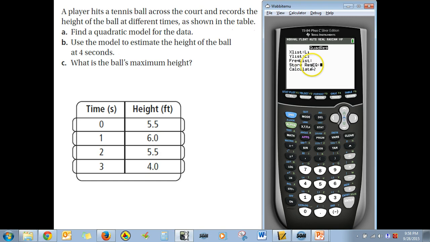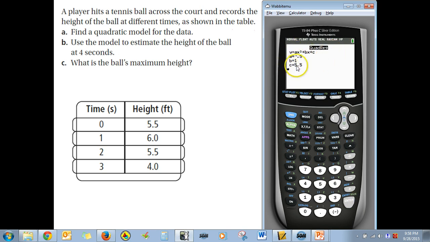We want to store our regression equation so that we can graph it as Y1. And then we will calculate. So it will go ahead and calculate what A, B, and C are for us.